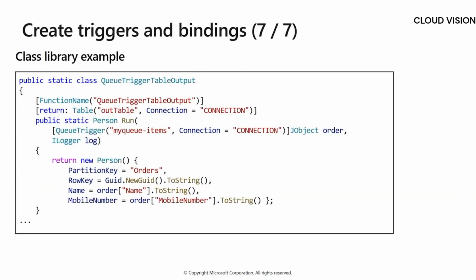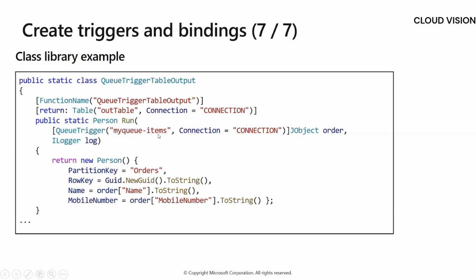This is an example of a class library. So if you're creating your class, the function name is this, and it returns to the table, which is the output table, the name of the table in that connection, maybe a storage account. And this run method is performing something. It says that it is a queue trigger, right? This is the queue from where the item is fetched into this variable.